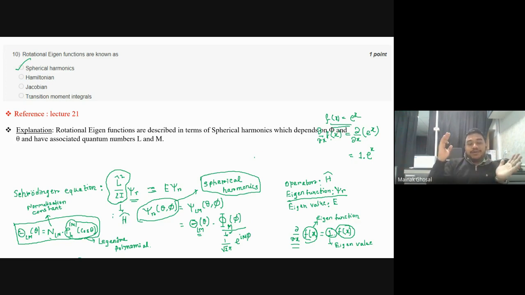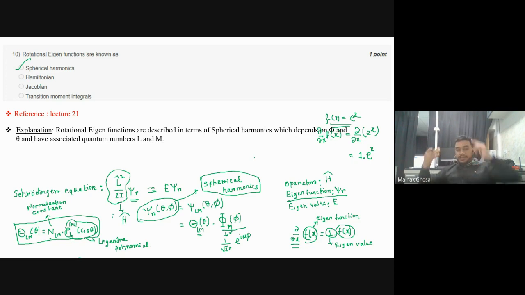In the previous slide I mentioned it will be psi mu psi, which gives you a number or something else that is not a function. It is also not related to the rotational eigenfunction. The only thing you could debate is between the spherical harmonics and the Jacobian function.